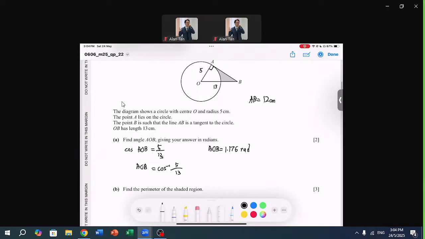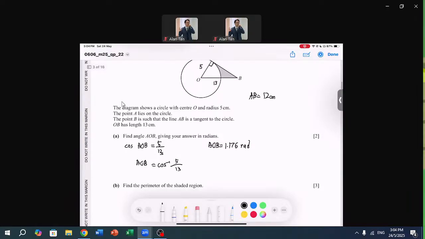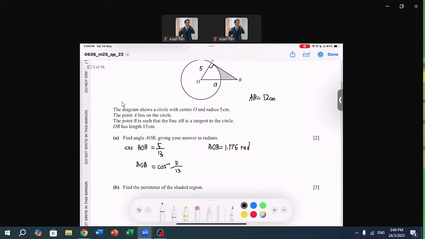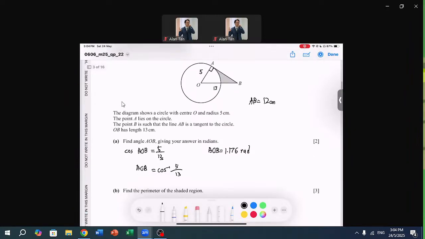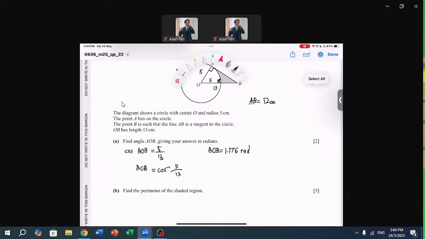And now we're going to look at the next question, which is to find the perimeter of the shaded region. Let's call this point X, and OX is going to be 5 cm. That means BX in this case equals 13 minus 5, which is 8 cm.